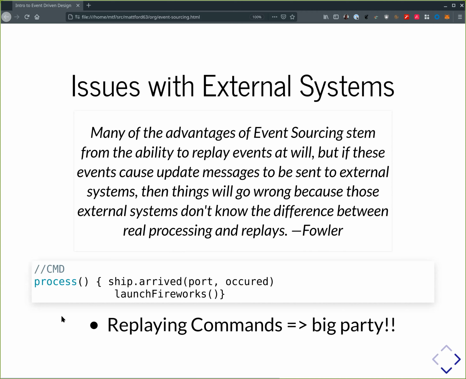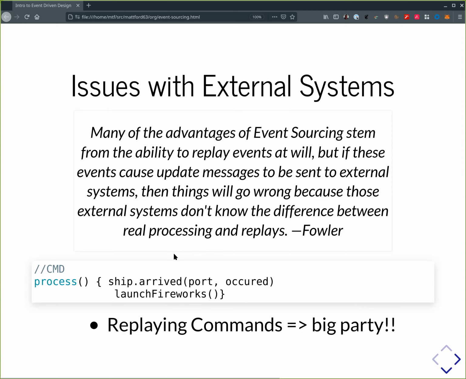Let's say, for example, that when a ship arrives, we also launch some fireworks. If you're using the command event, and that process is defined like this, every time you restore your app, you're going to launch 1,000 fireworks. And that is something that you probably want to avoid.